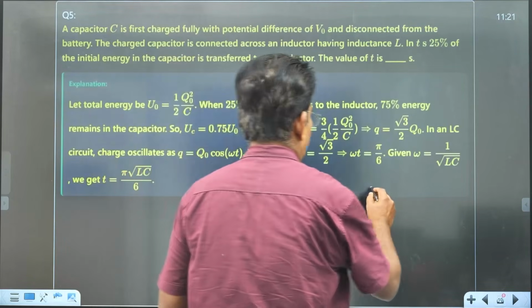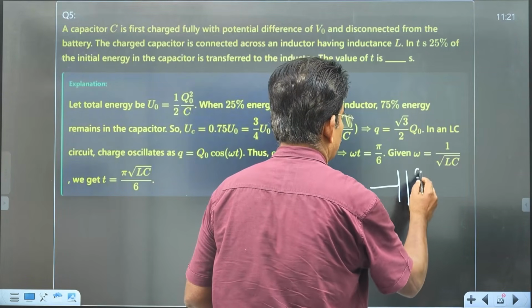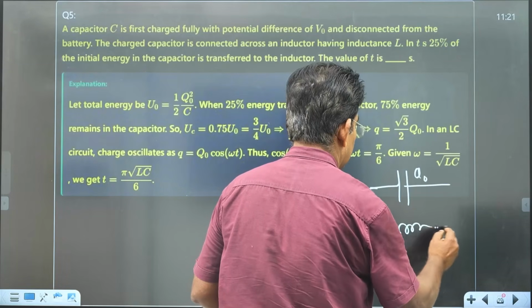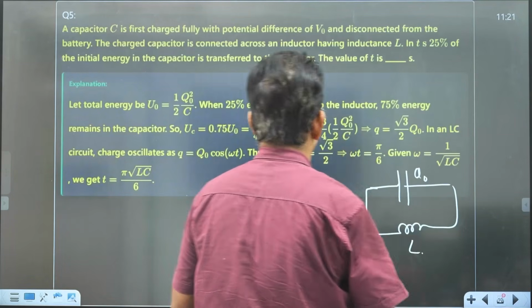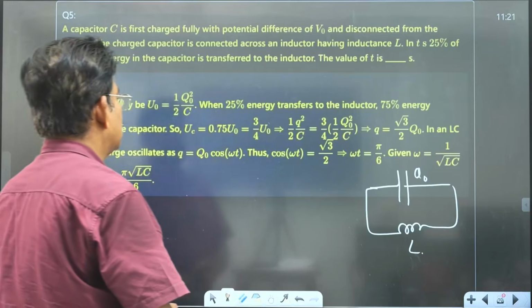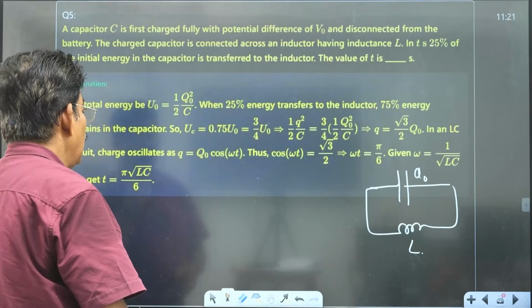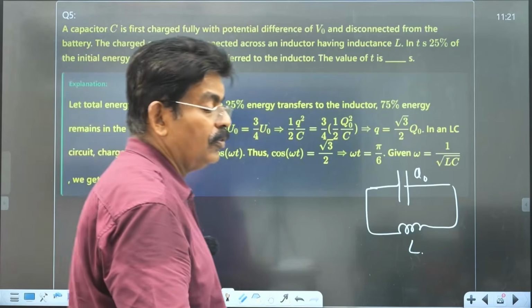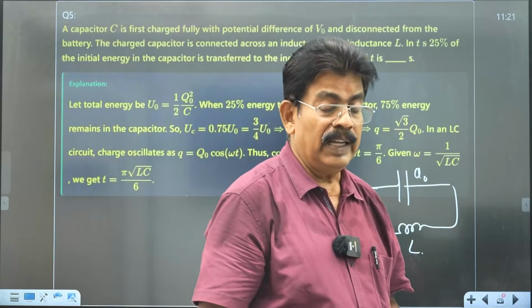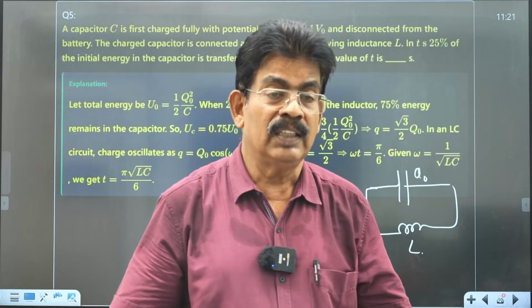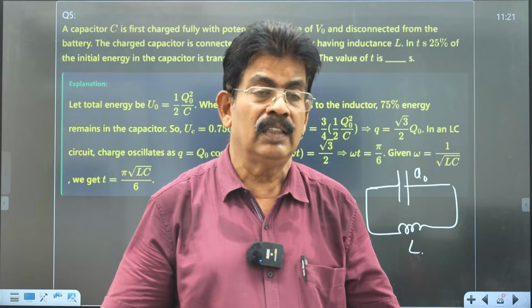Yes, the capacitor is fully charged by Q0 and connected across an inductor. Now, this will lead to the case of LC oscillations.